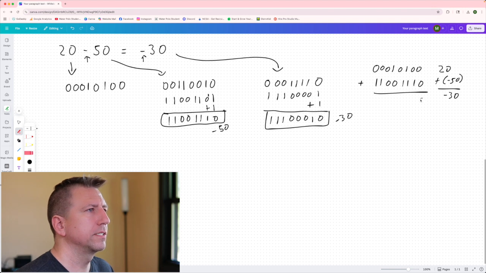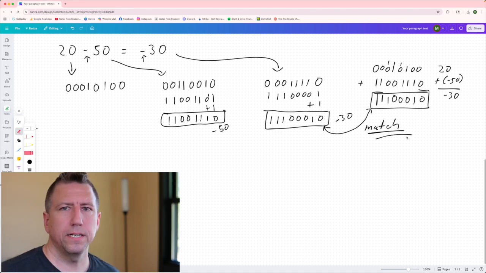So 0, 0, 0, 0, 1 is 1, 1, 1 is 0, carry the 1, 1, 1 is 0, carry the 1, 1, 1 is 0, carry the 1, that's a 1, a 1, and a 1. This is our final answer. Is it equal to negative 30? I compare these two, and I can see they are exactly the same, so we have a match.